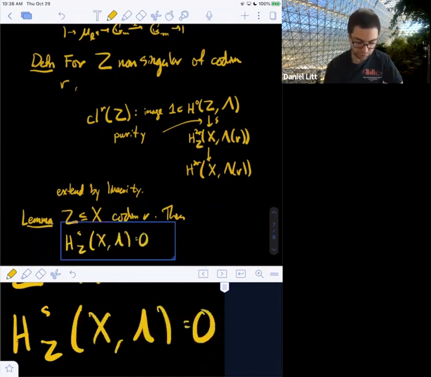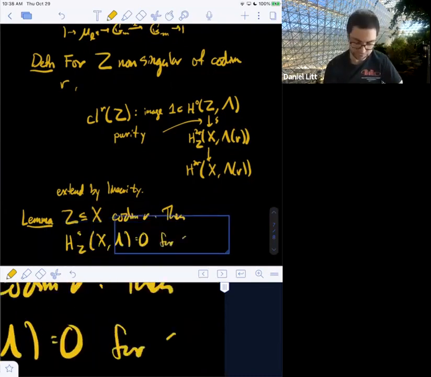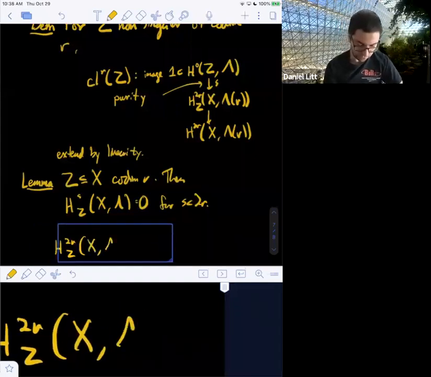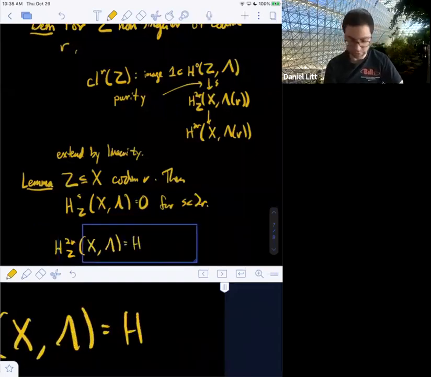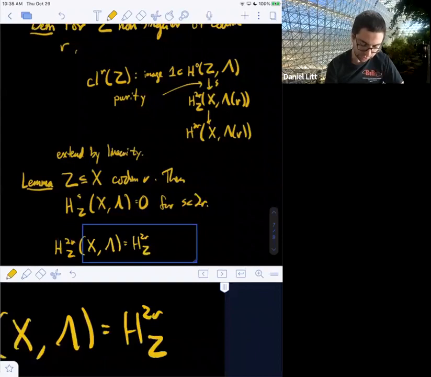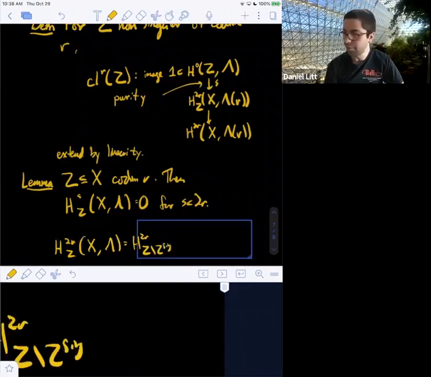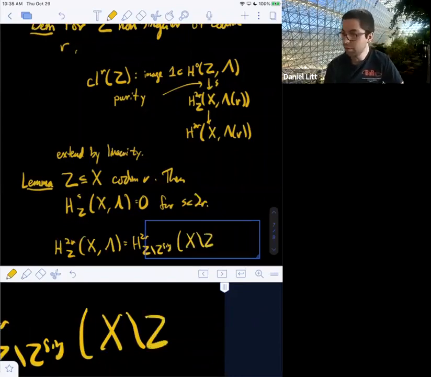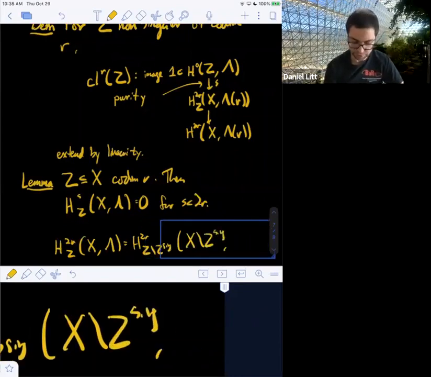And moreover, in degree 2R, the cohomology with supports on Z of lambda is the same as the cohomology with supports on Z minus its singular locus, of X minus the singular locus of Z, with coefficients in lambda.